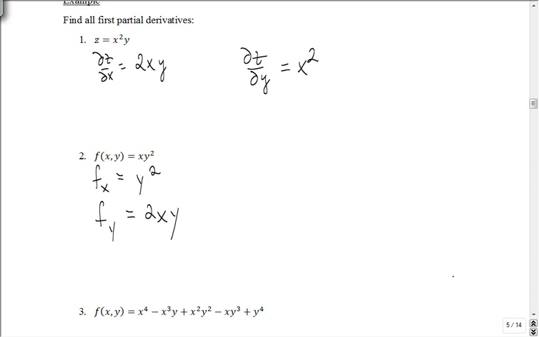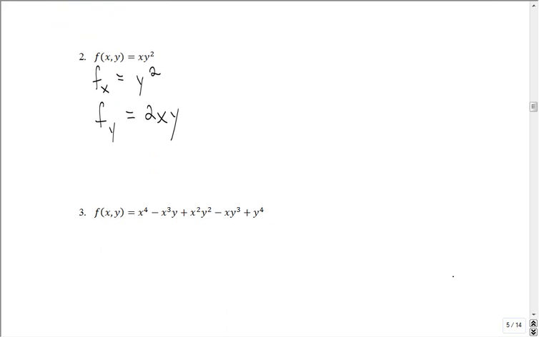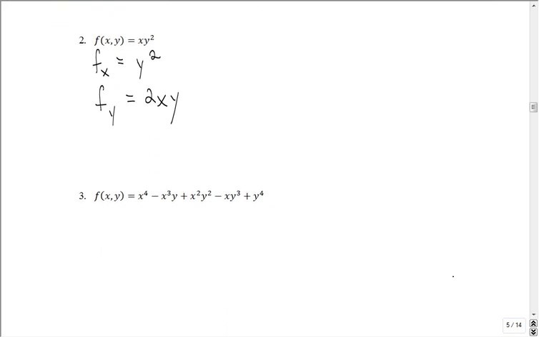Let's do number 3. We have two first partials to write down. Partial of f with respect to x. So all the y's are going to be constant. Differentiate x to the fourth. What do you get? 4x cubed. The next one, minus 3x squared y.